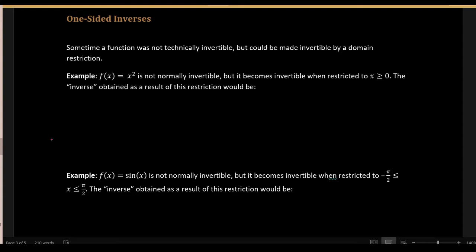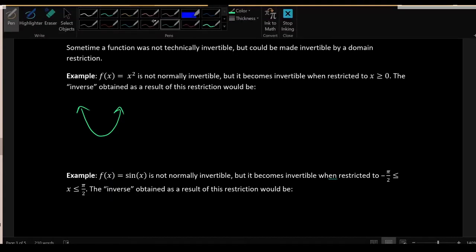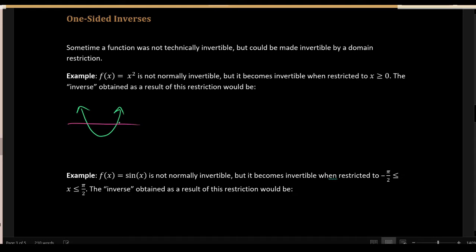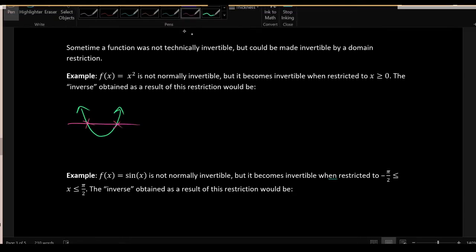It's commonplace to have some functions which technically are not invertible, but if you restrict your attention to just a small portion of the graph, then it is invertible. For example, x squared. The full graph of x squared does not pass the horizontal line test because a horizontal line would cross the graph in two places.